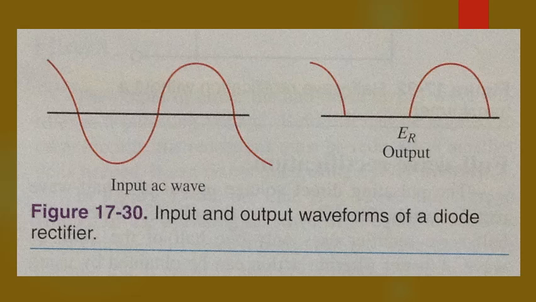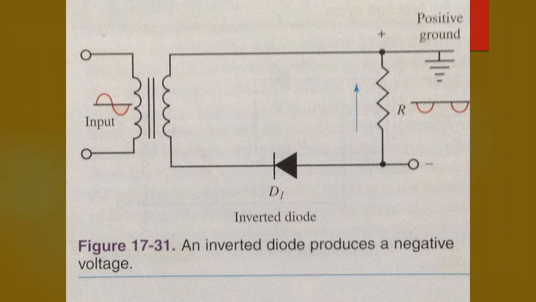A negative rectifier. A negative rectifier can be made by reversing the diode in the circuit, as seen in figure 17-31 on the screen. The diode conducts when the cathode becomes negative, causing the anode to become positive.